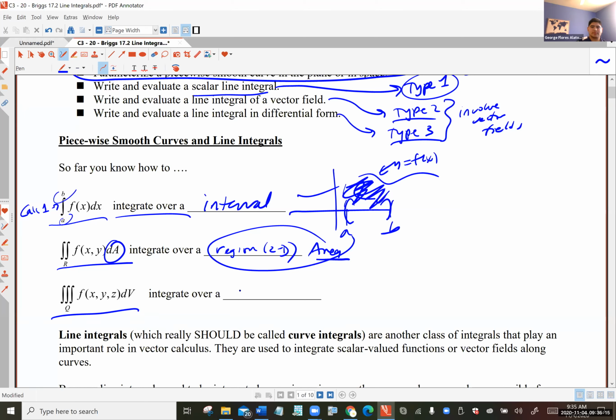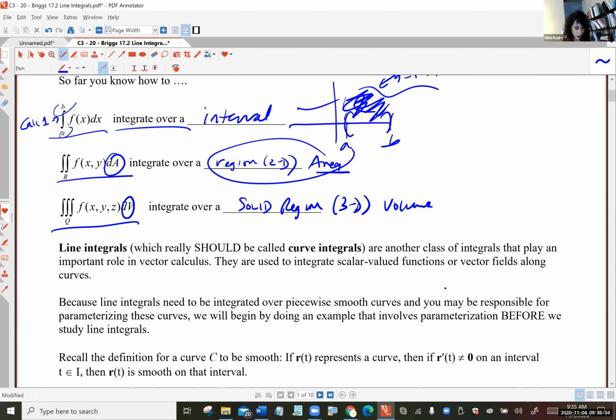Surface. You're close. It's a solid. Okay, so it's in 3D. So you're going to have to worry about a volume, and that's why they have the dV there for your volume element. Depends on which coordinate system you're in to figure out what that volume element is going to turn into. Okay, so now we're going to learn a brand new kind of integral.